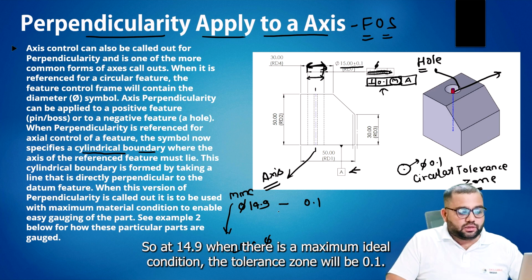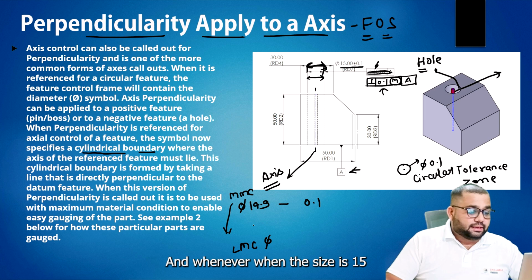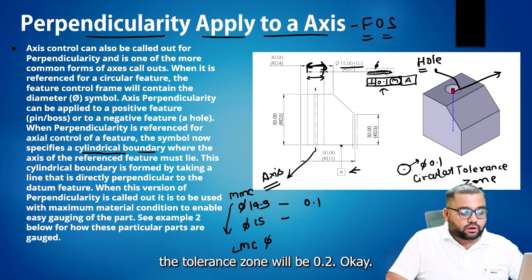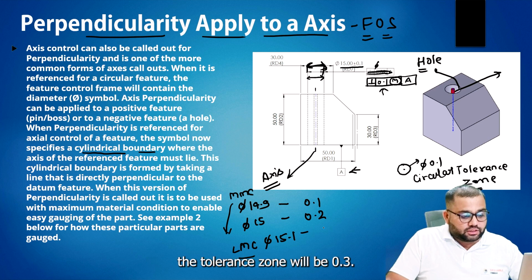At 14.9, at maximum material condition, the tolerance zone will be 0.1 because this is a hole. When the size is 15, the tolerance zone will be 0.2. When we are at LMC, which is 15.1, the tolerance zone will be 0.3.